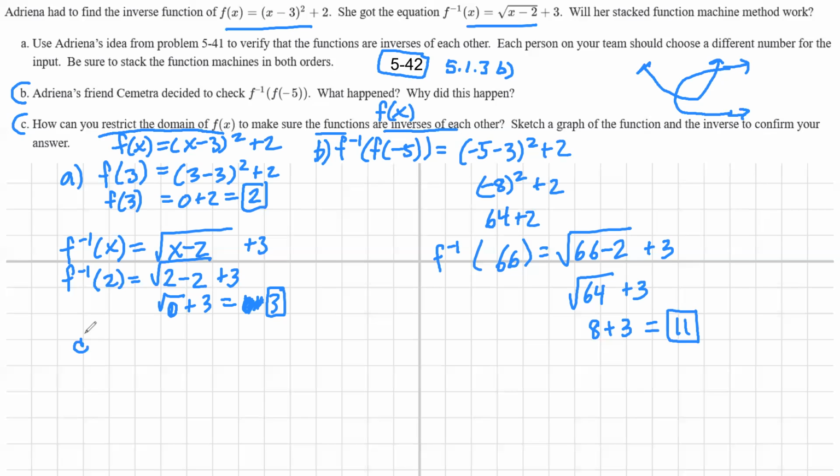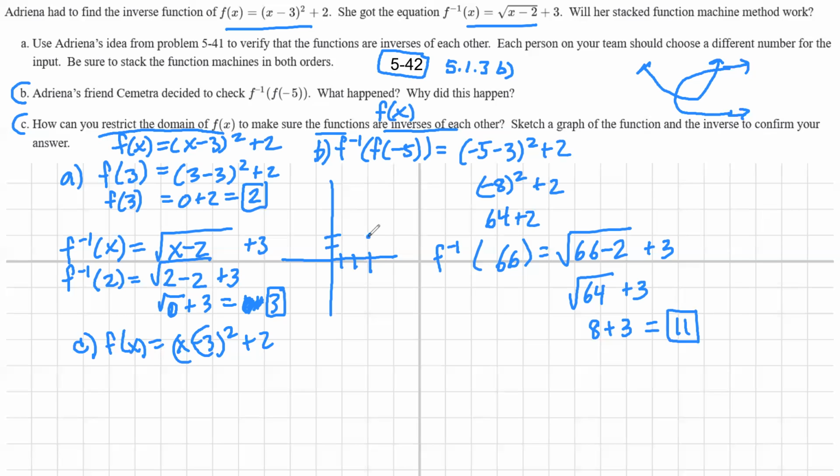Remember this? If you have f of x equals (x minus 3) squared plus 2, let's do a little graph. We're going to go to the right 3 and up 2. So 1, 2, 3, and up 2.